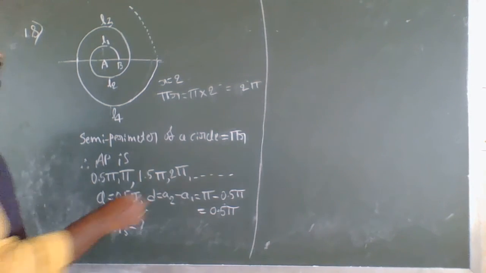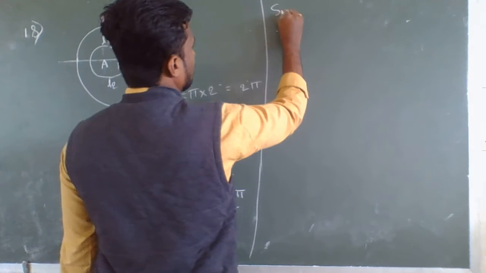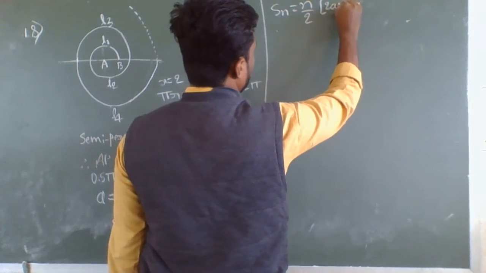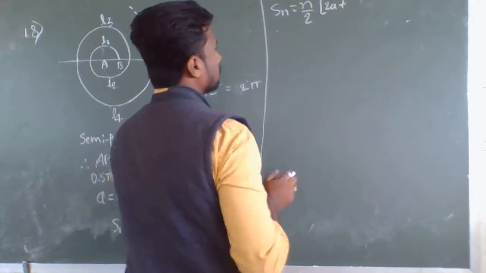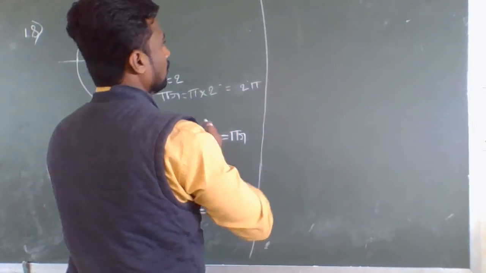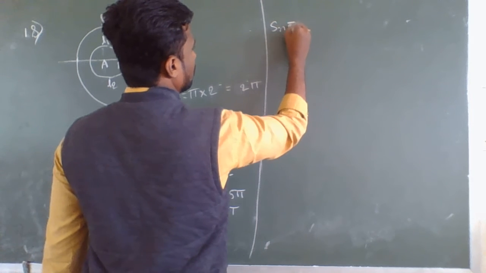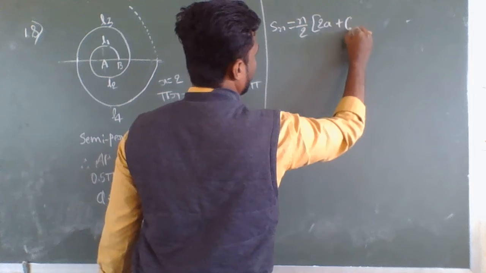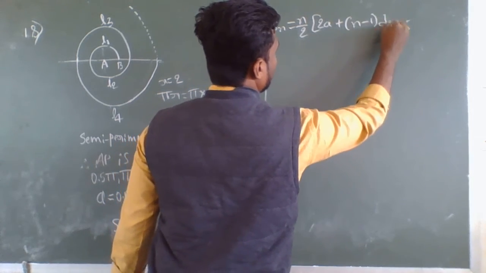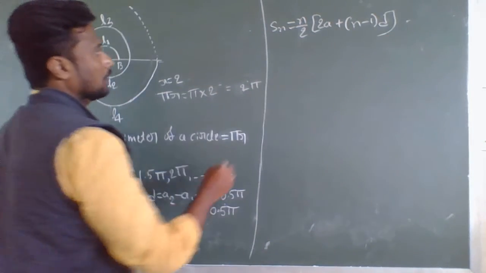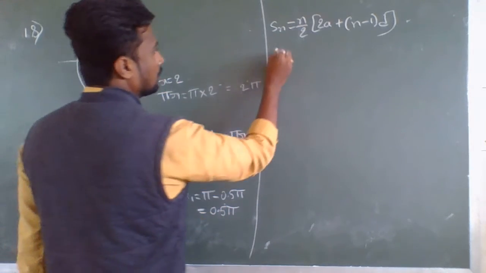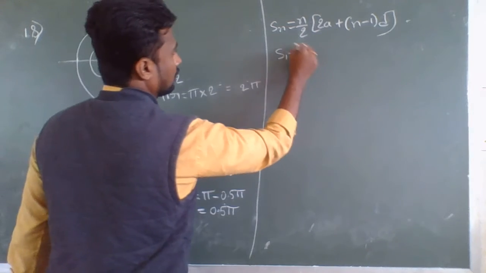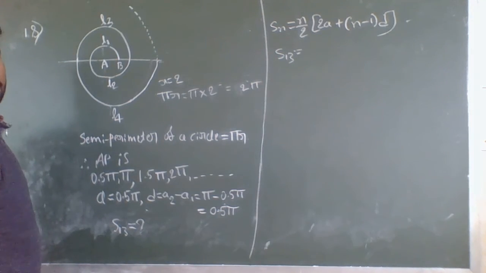So here I will use the formula Sn is equal to n by 2 into bracket 2a plus n minus 1 into d. Here Sn is S13. We have to calculate S13.